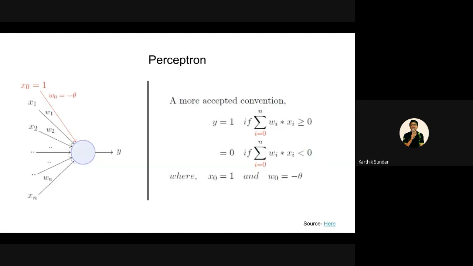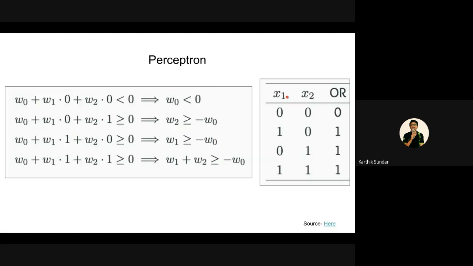Now let's try to hand code the weights and thresholds, and later we'll see a perceptron learning model. So again, we'll come to the good old OR function. This is the OR function table, right? 0, 0 gives 0; 1, 0 gives 1; 0, 1 gives 1; and 1, 1 gives 1. This is the particular thing we want to hand code.